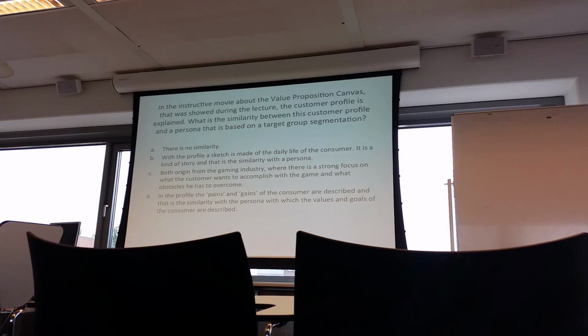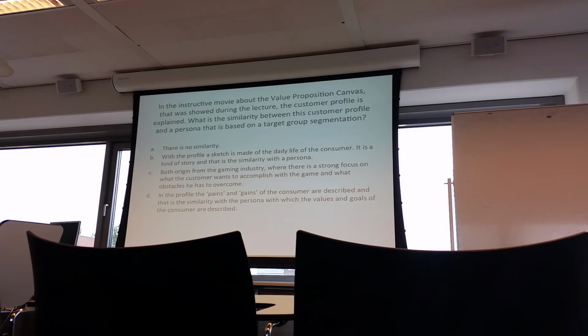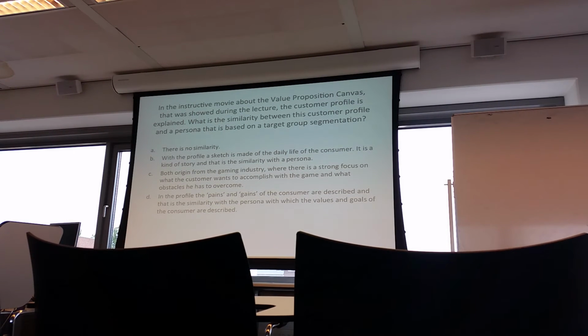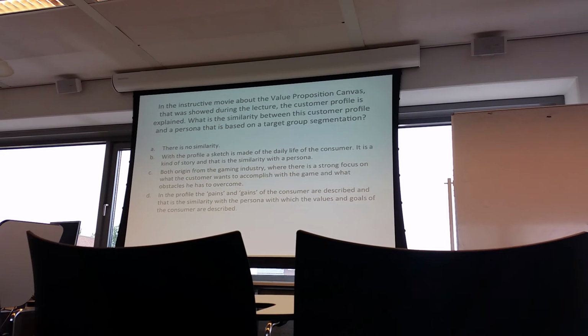C, both originate from the gaming industry, where there is a strong focus on what the customer wants to accomplish with the game and what obstacles he has to overcome. Or D, in the profile, the pains and gains of the consumer are described, and that is the similarity with the persona, with which the values and goals of the consumer are described.